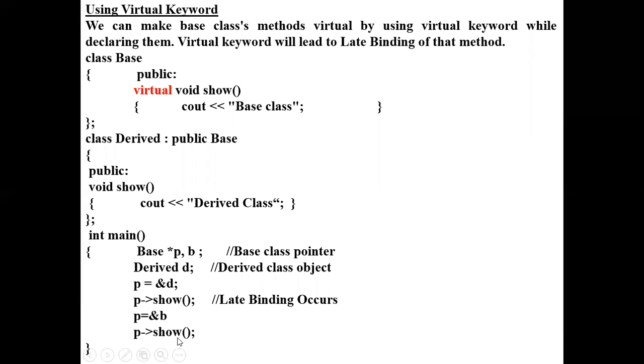It will show the function of the base class. Means with a base class pointer, you can assign the address of any class, derived or base. If you assign the derived class address, it will show the derived class show, and if you assign the base class, it will show the base class function. Means with the help of the virtual keyword, you can do late binding.